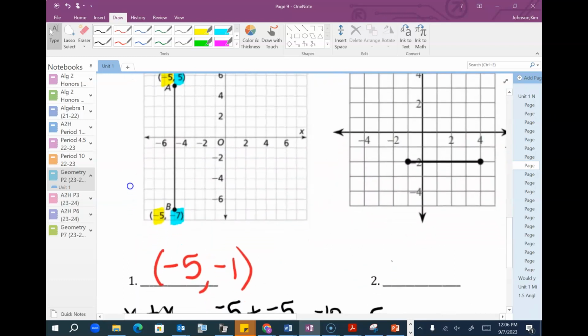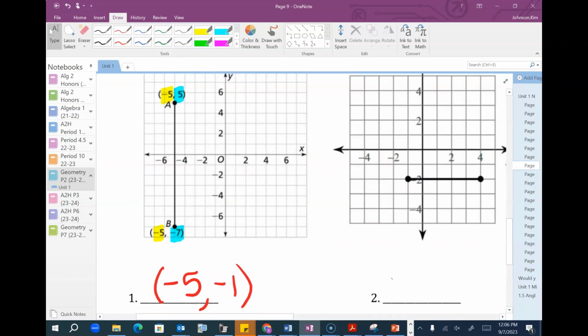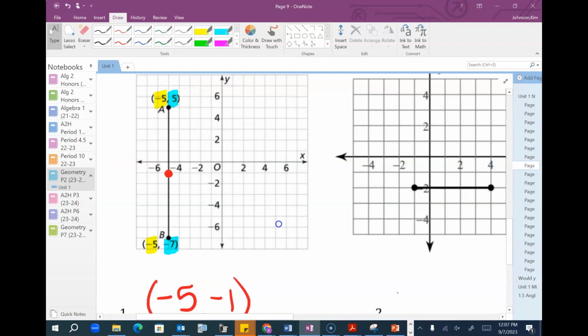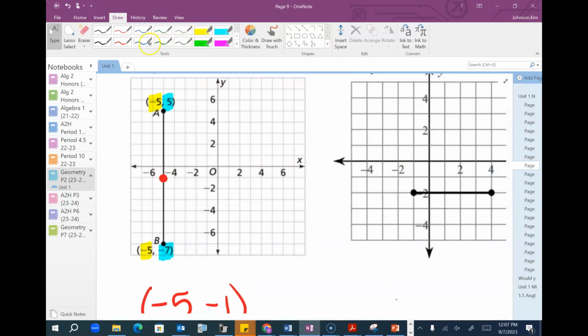Just to verify and make sure that it is the midpoint, I'm going to draw it on here, because we should know that midpoint means it's smack dab in the middle, right? So let's plot -5, -1. And let's just verify that that is the midpoint really quick. If it's the middle, that means that this red point should be the same distance from point A as it is from point B. So let's count the boxes.